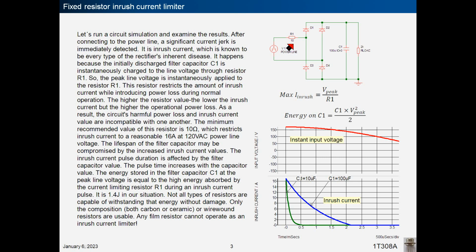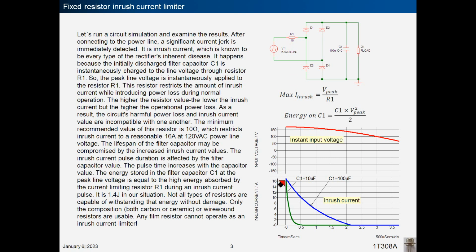As a result, the circuit's harmful power loss and inrush current value are incompatible with one another. The minimum recommended value of this resistor is 10 ohms, which restricts inrush current to a reasonable 16 amps at 120 VAC power line voltage.